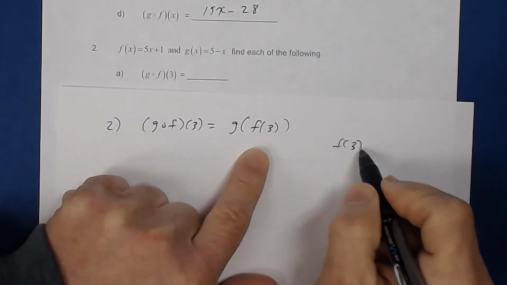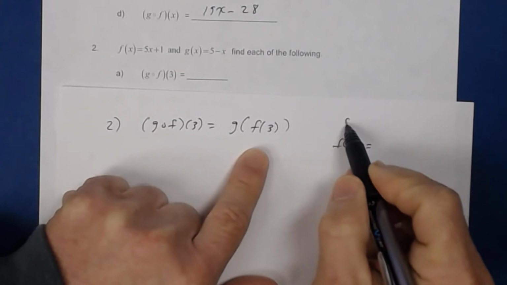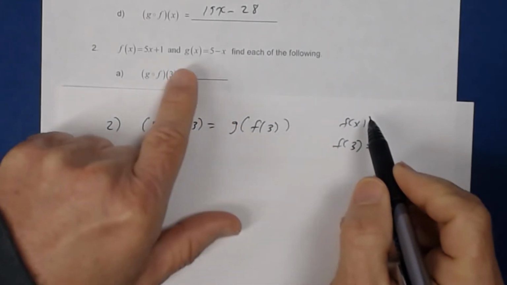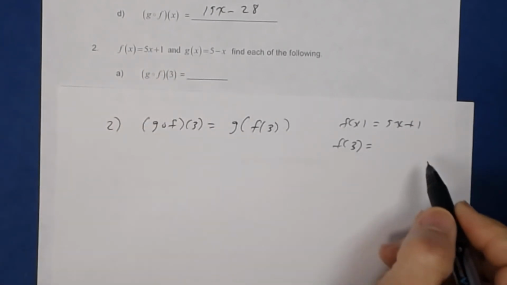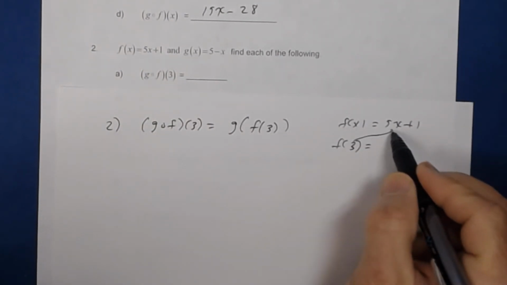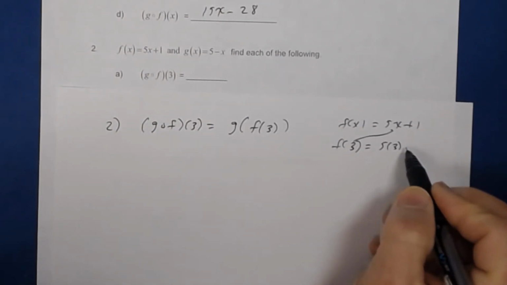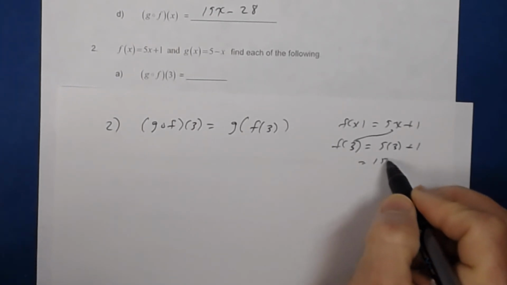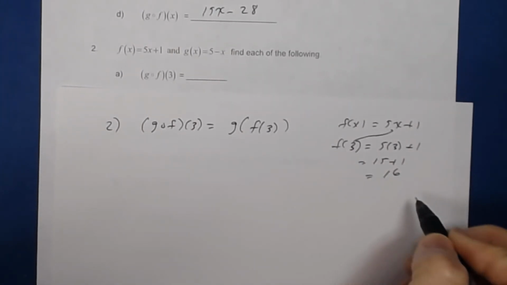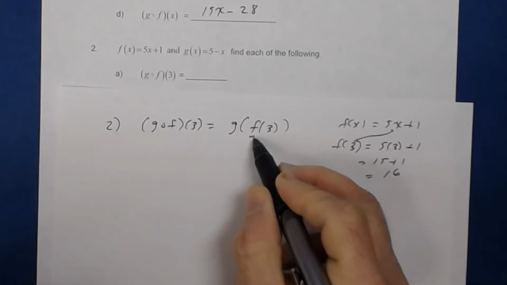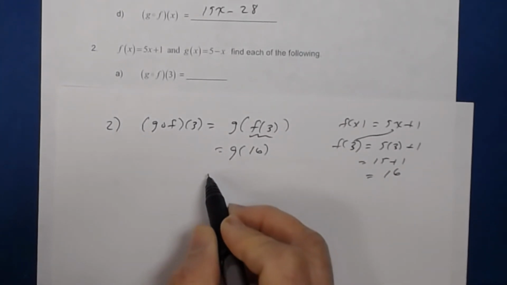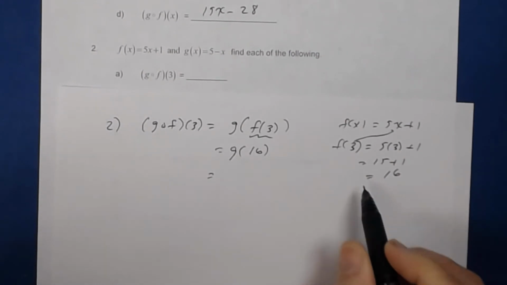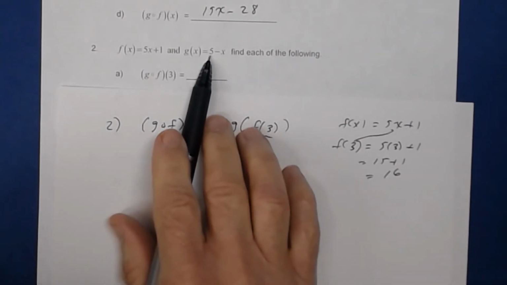So F of 3 means I go to my function f, which, remember, it's not the same as number 1. Make sure you use the right one. Is this now. All right, so wherever we see the variable x, I'm going to substitute 3. So I get 5 times 3 plus 1. So that's 15 plus 1, which is 16. Remember, that's just this. So now I got to find g of 16. So this means I go to my function g, which is this right here.